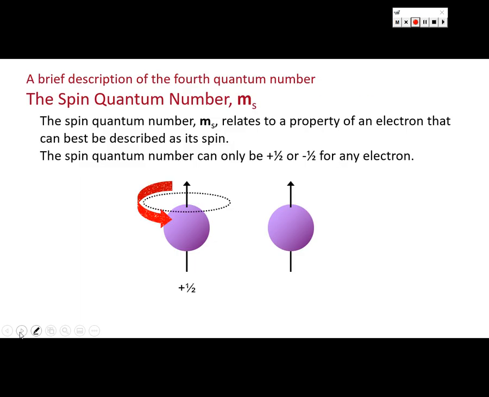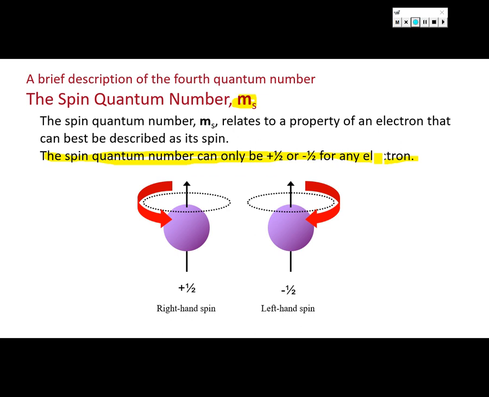Okay, and then this one is the easiest. Again, because electrons are too small and too fast. So all we can say, we cannot say this electron in part of the pair is spinning clockwise. This one is spinning counterclockwise. So you're going to put plus or minus a half for MS every single time, because that's all it can be.